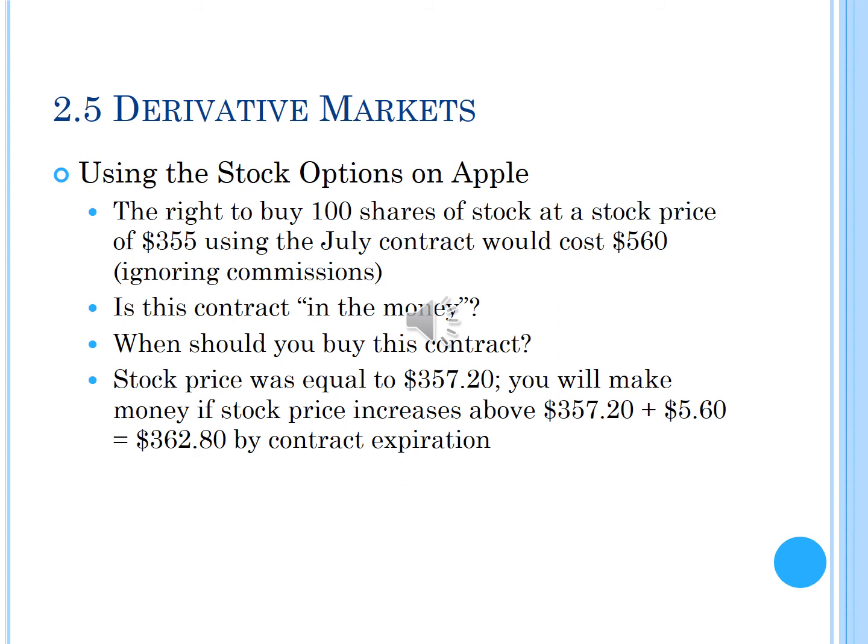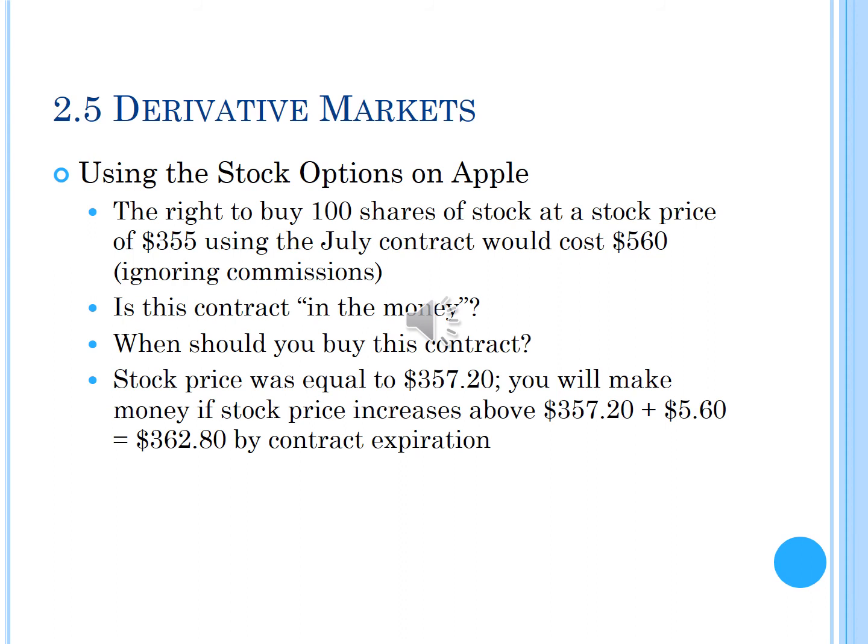Now let's look at a quick example to try and understand this a little bit better. What would be the profit or loss per share of stock to an investor who bought the July 2011 expiration Apple call option with an exercise price of $355?